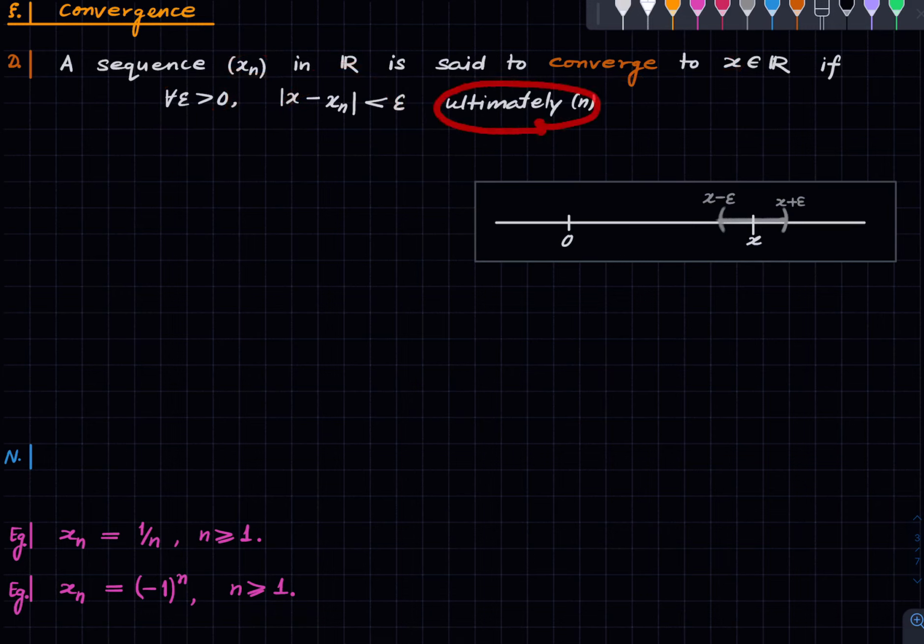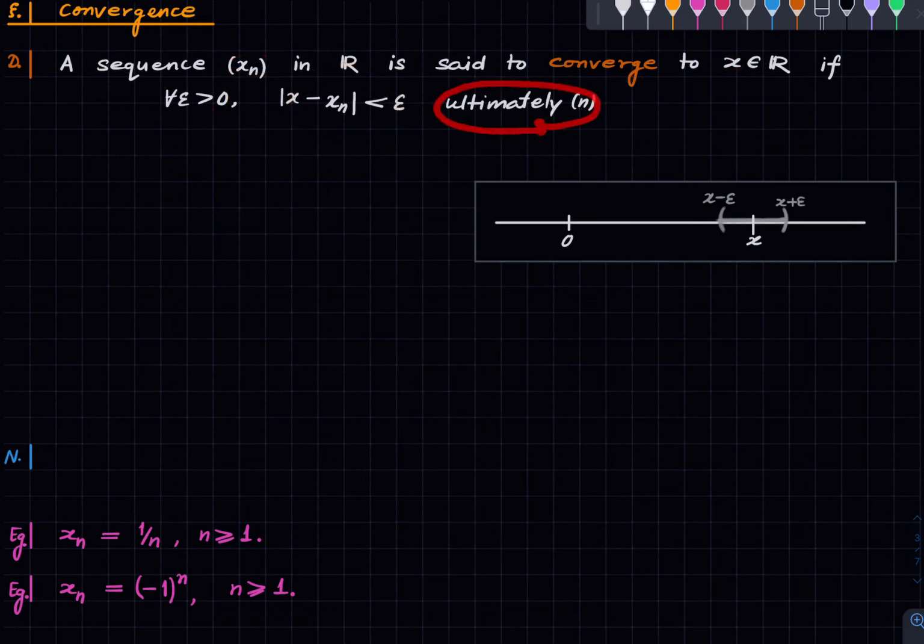So now by the fact that xn converges to x, we know that xn lies in this interval, or maybe I will write it this way. This happens ultimately.